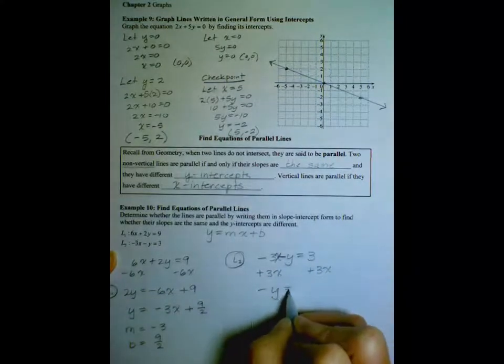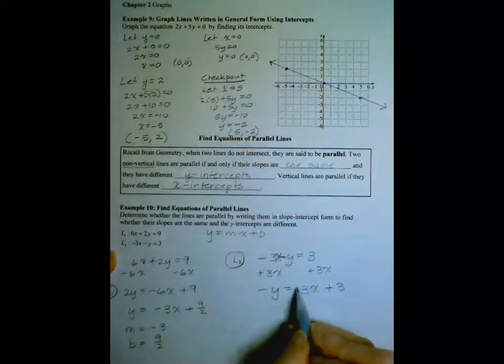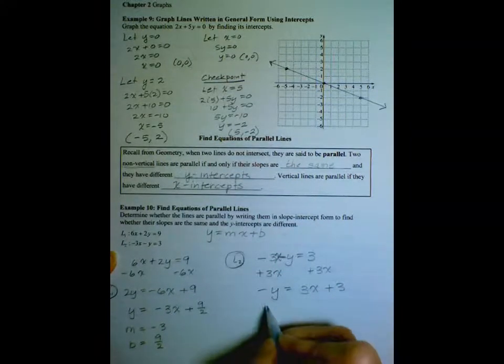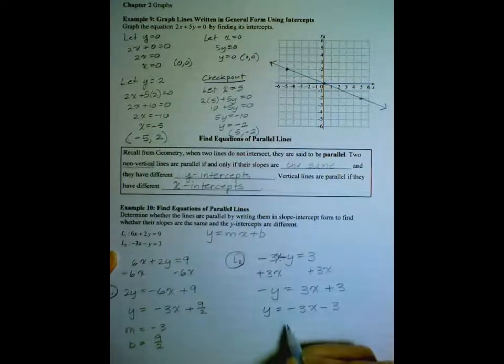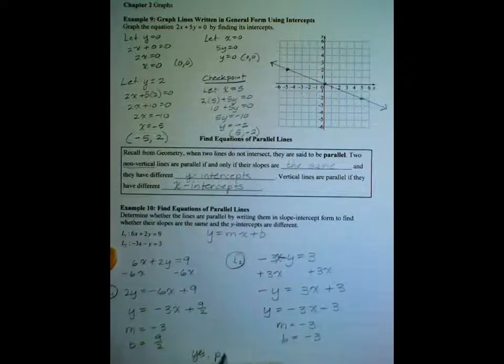Negative y equals 3x plus 3. Notice I'm putting the x term first because that's slope-intercept form. Divide everything by negative 1, or multiply everything by negative 1, same result. Here I get a slope of negative 3 and a y-intercept of negative 3. So, are these parallel? Yes. Parallel lines, because the slopes are the same, the y-intercepts are different.